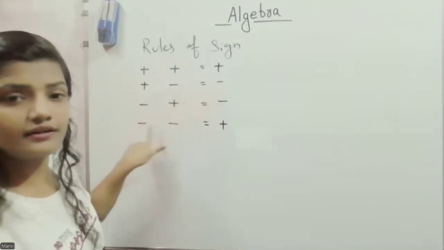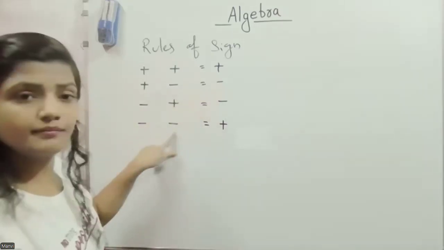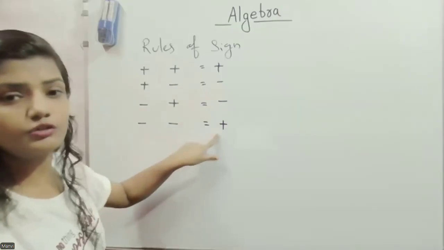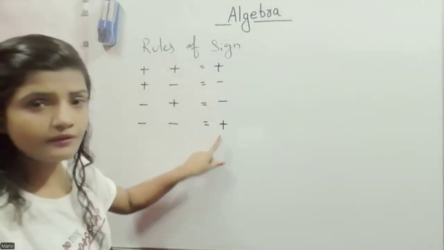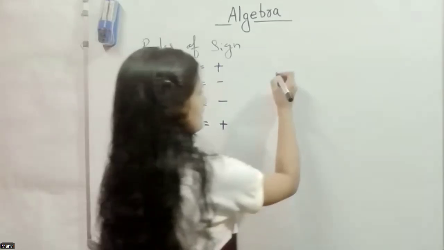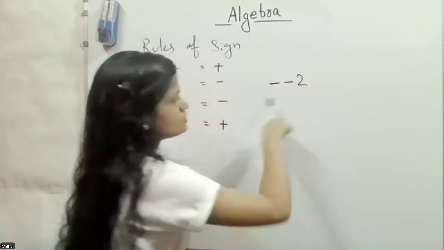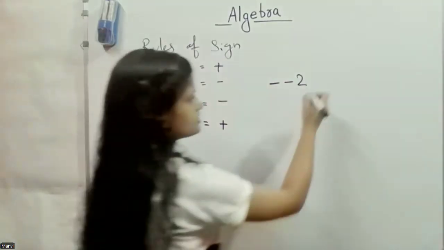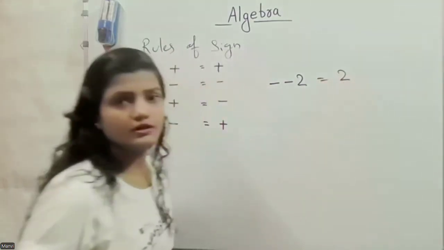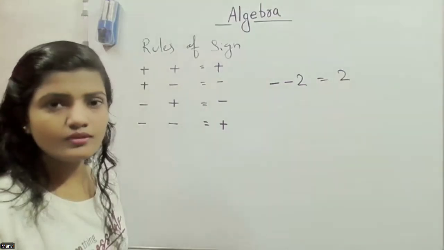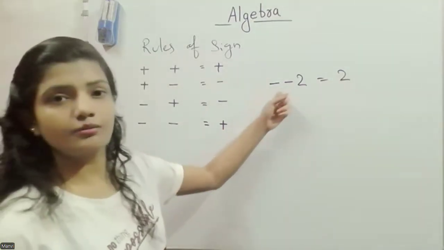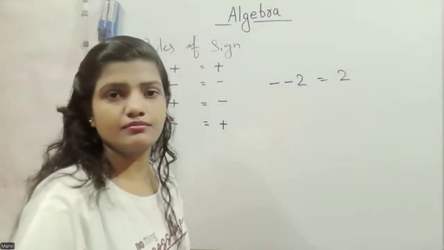And when both are the same, minus minus, then also we need to put a plus sign. For example, if we have something like minus minus 2, this is not a negative number. This is actually 2, which is positive, because here both signs are the same.